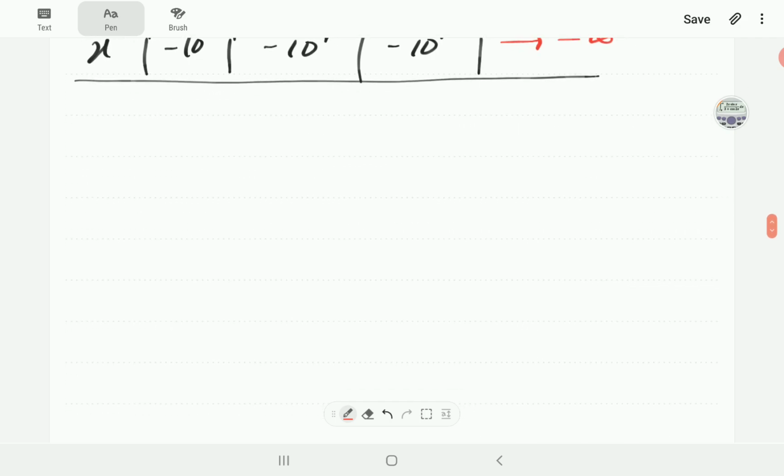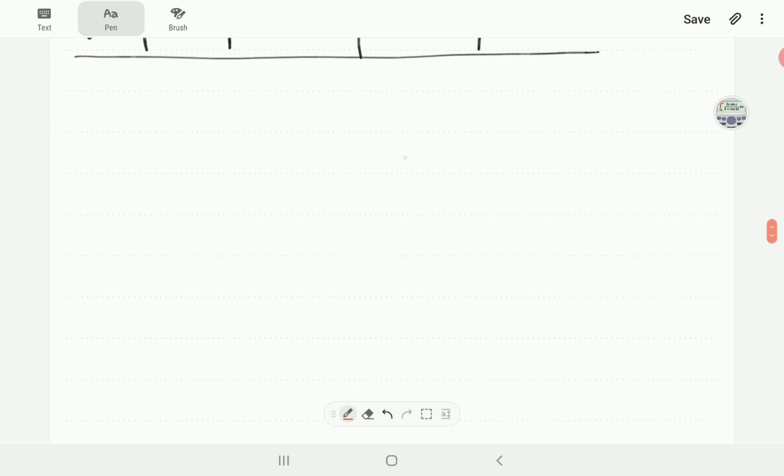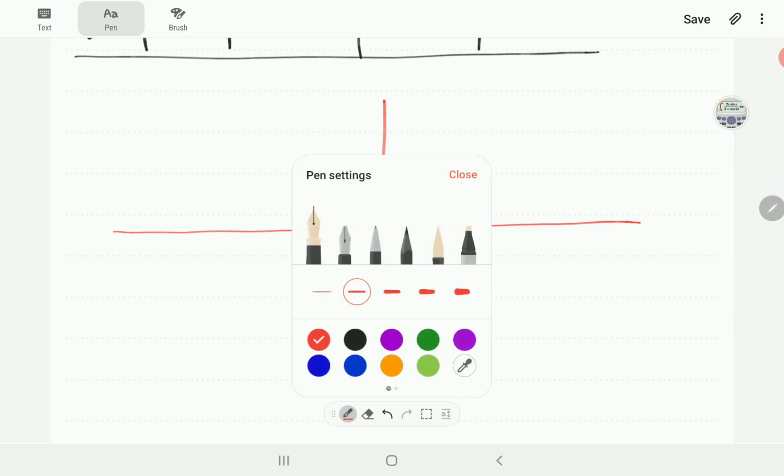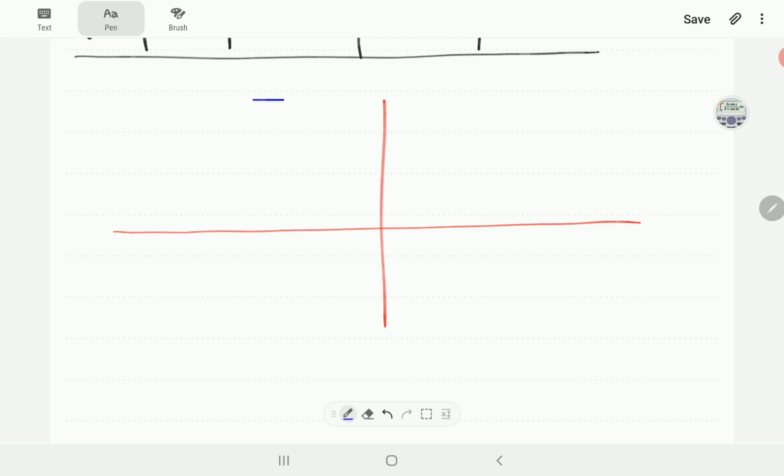So maybe before we conclude this, let me just do a little graphical representation of the situation. We know that the graph of x squared is a parabola, U-shaped. So this is x here, this is y.